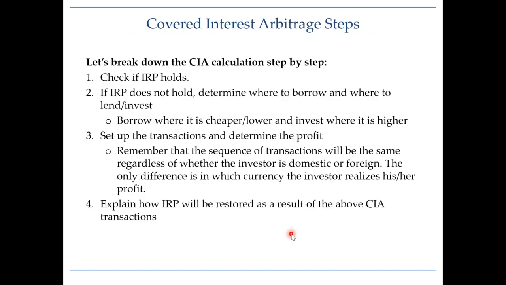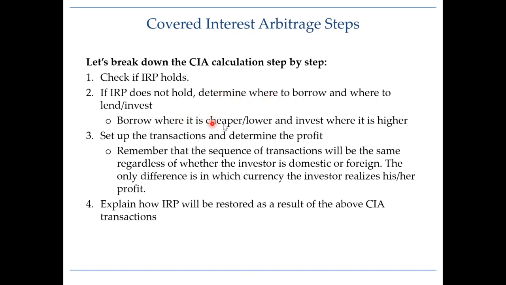Here's a summary of the steps involved in a covered interest arbitrage problem. If you were solving a covered interest arbitrage problem, the very first thing you will do is obviously check if interest rate parity holds. If interest rate parity does not hold, then you need to determine where you need to borrow and where you need to invest in order to make money.